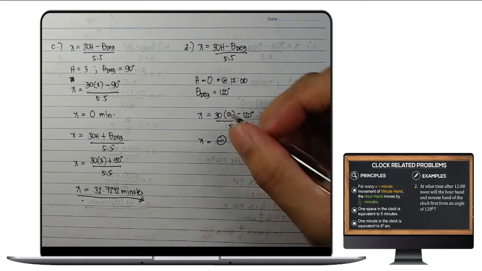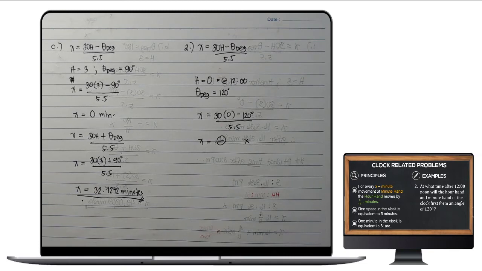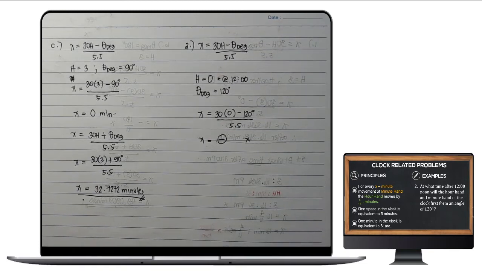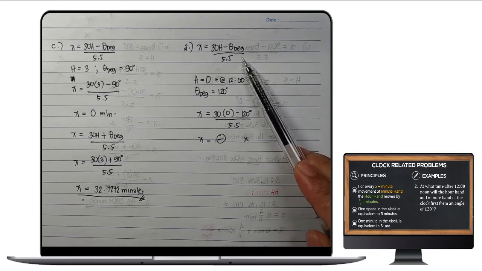So, ibig sabihin, this solution is wrong. Okay? So, after 12 o'clock, surely, after mag-coincide si minute hand and the hour hand, mauuna agad dyan si minute hand. Therefore, kung 12 o'clock yan, coincide silang dalawa, rest assured, mauuna yung minute hand. Kaya, simula pa lang, yung una nating solution ay mali na.